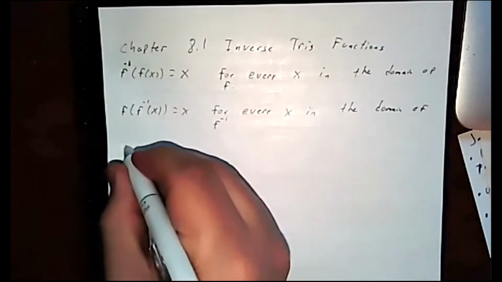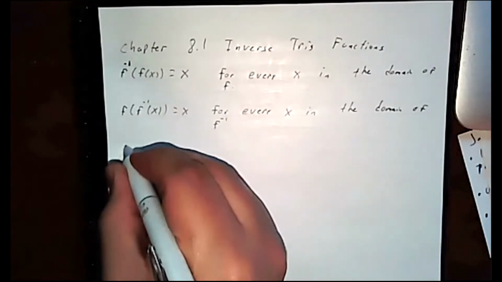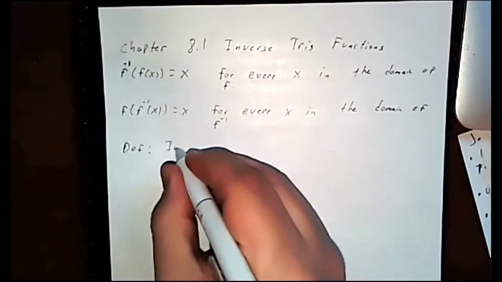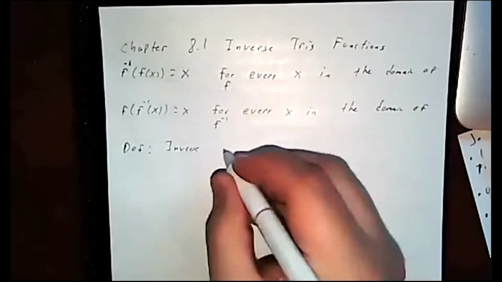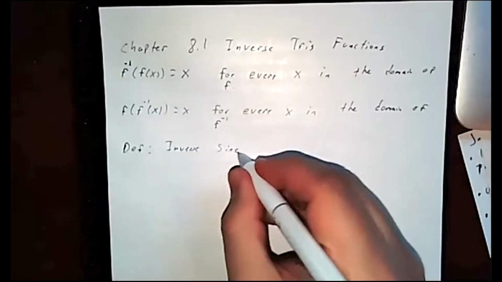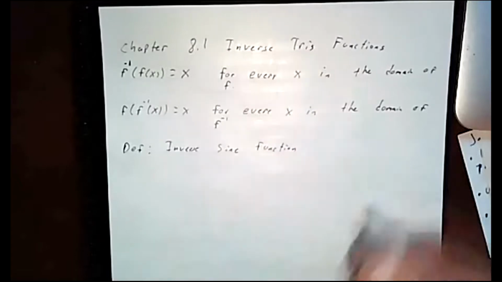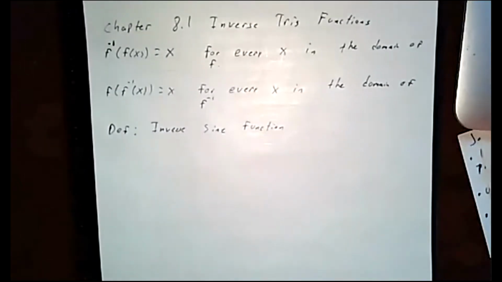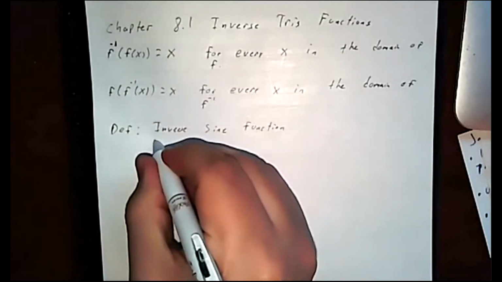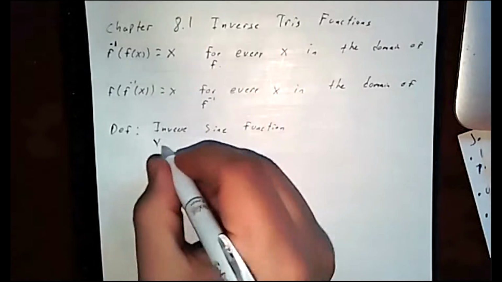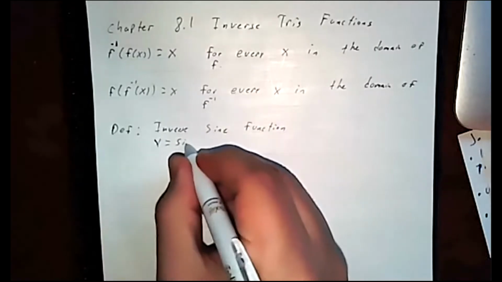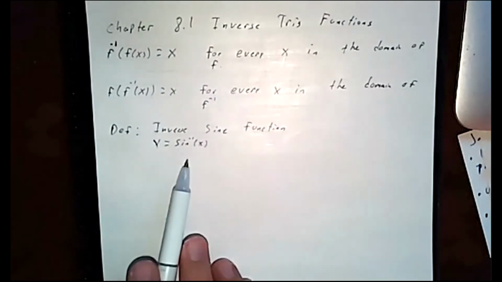And here's a definition of the trig inverses, the original 3. The inverse sine function. So that is defined as, if you had the original, let's say y equal to sine inverse, meaning the inverse sine.